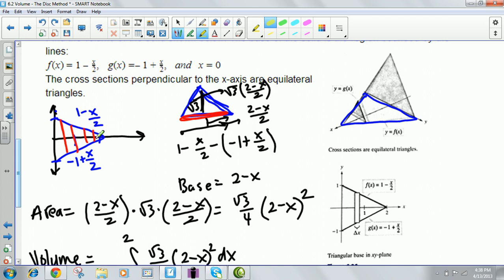Sometimes they're circles, sometimes they're right triangles, sometimes they're squares, whatever. You just have to be familiar with how to do this and with all of the shapes. The triangles are probably one of the more difficult ones because you're having to find the height and all that. But anyway, that's all for this section. Go ahead and try your notes, and in class let me know if you have any questions.